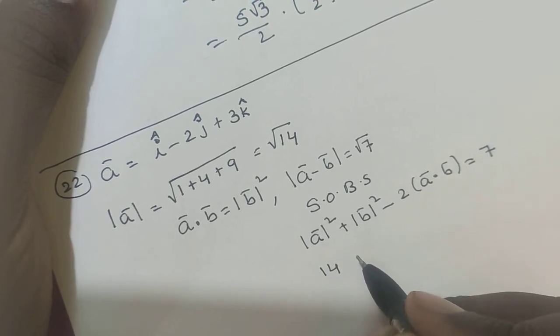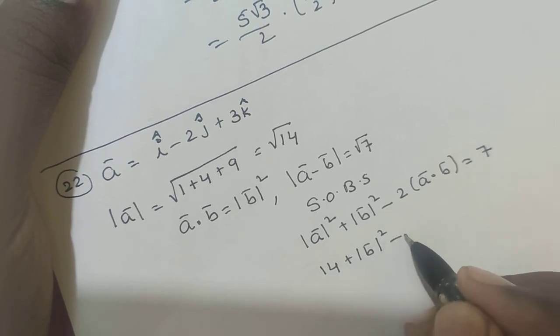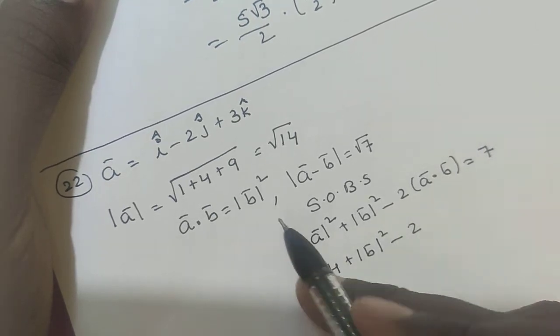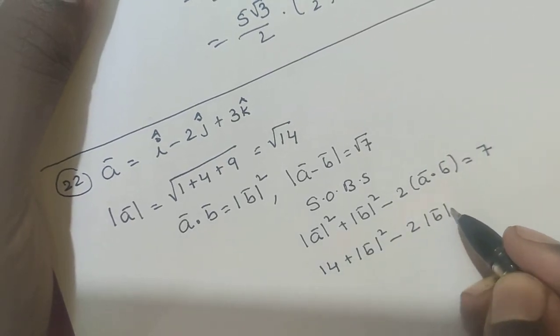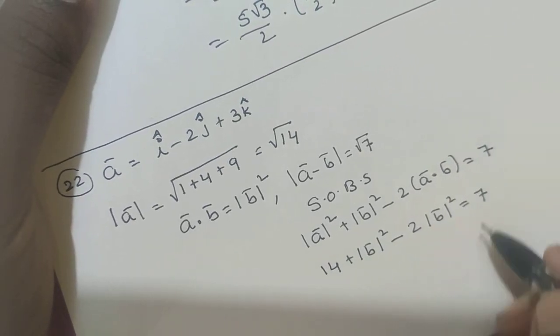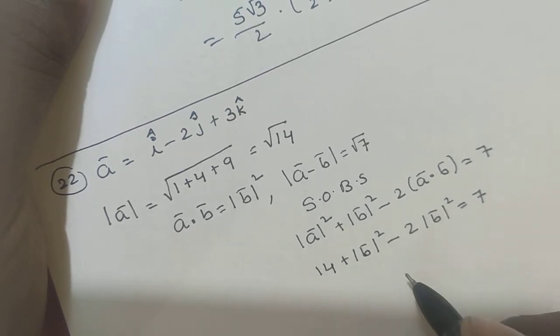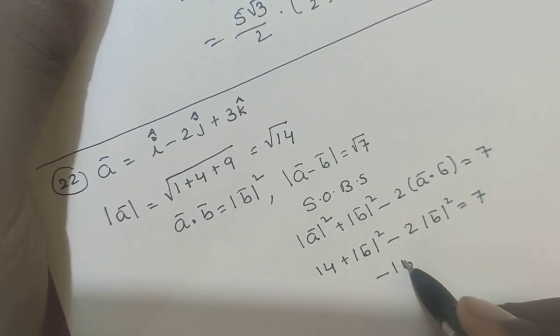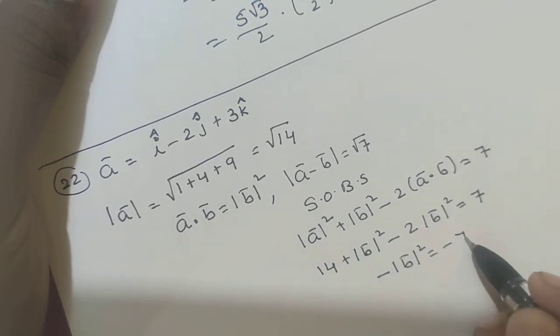Mod B bar square is, we don't know the value, minus 2 into, in place of A bar dot B bar, what we can substitute? Mod B square equals to 7. Then mod B square minus 2 into mod B square minus of mod B square, 7 minus 14 minus 7.